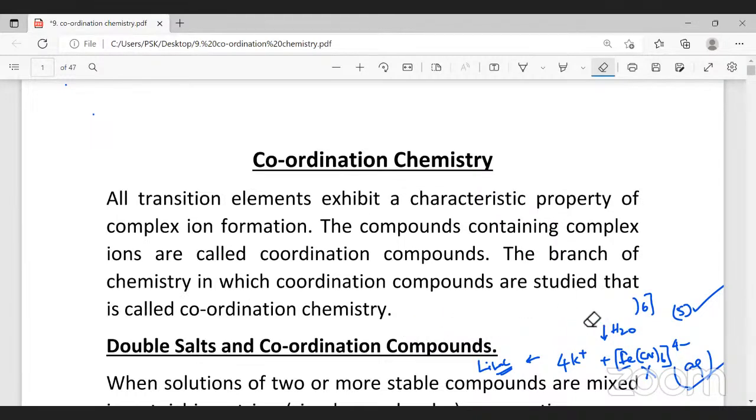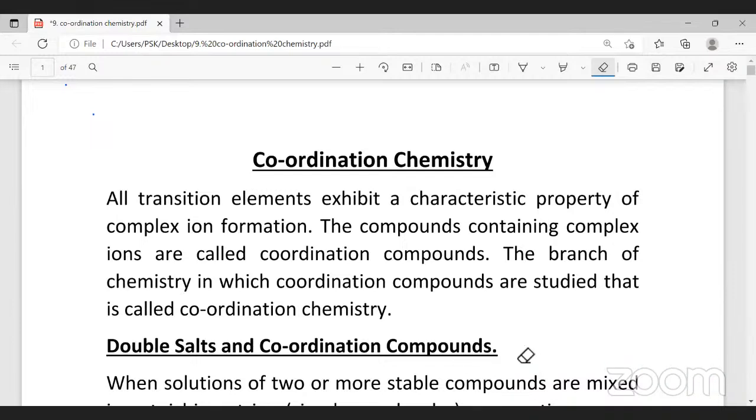Now, coordination compounds are inorganic salts. That is what I've defined. I have not completed the definition of the coordination compound. We will learn about it. Now, let's see. All transition elements, the d block elements, have a characteristic property of complex ion formation.